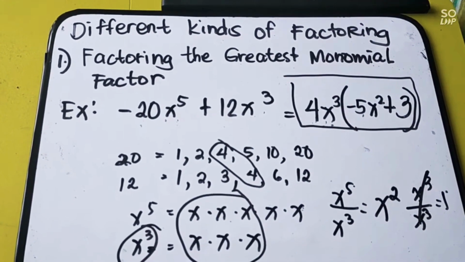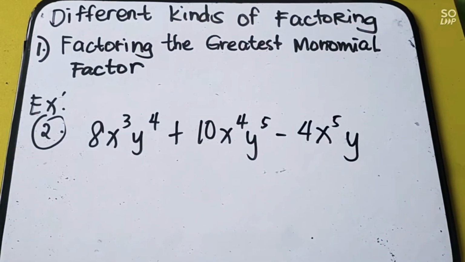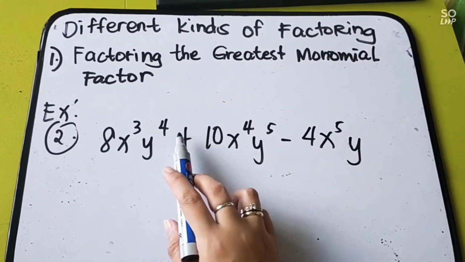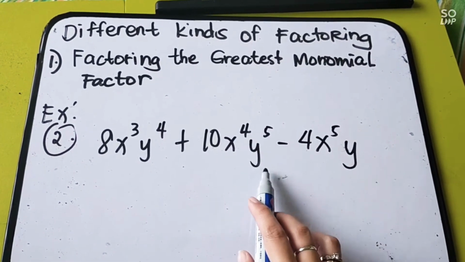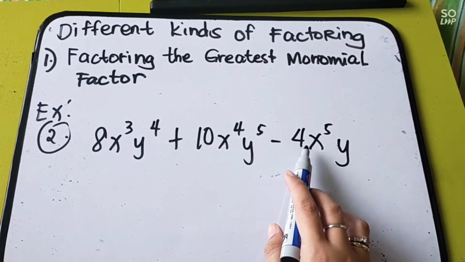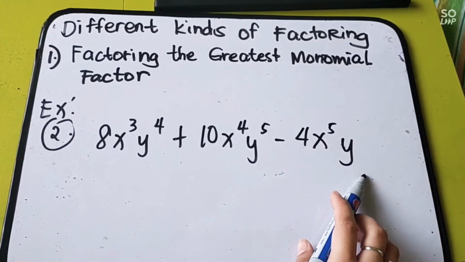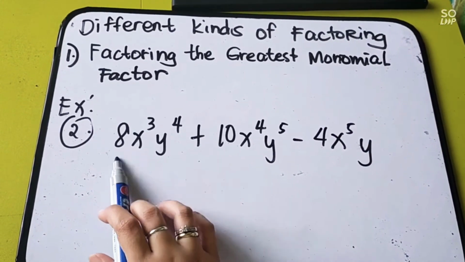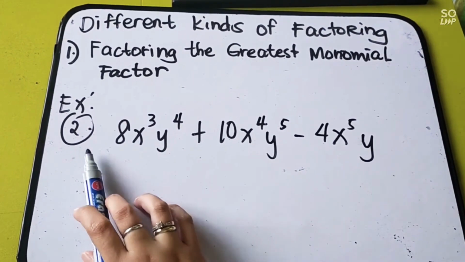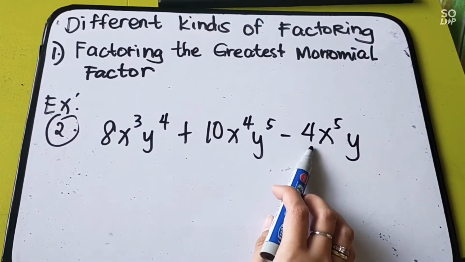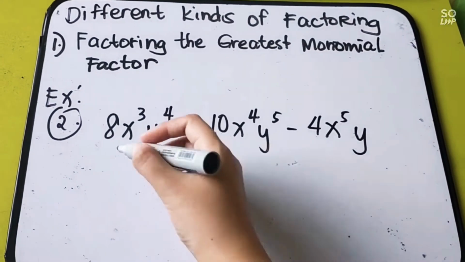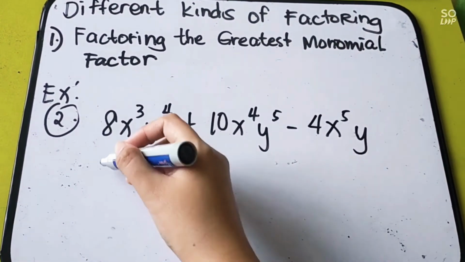Let's move on to another example. So, number 2: 8x cubed y raised to 4 plus 10x raised to 4 y raised to 5 minus 4x raised to 5 y. By using the greatest monomial factor, let us take 8, 10, 4. What is the greatest number that you can divide into 8, 10, and 4? We have 2.